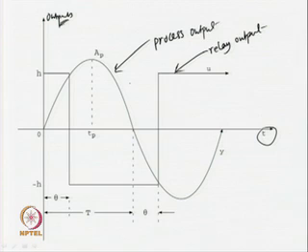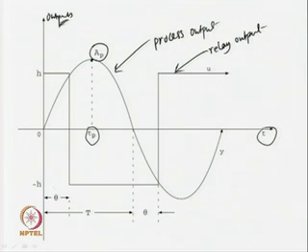The process output has different parameters, the peak amplitude given by the variable A p, which occurs at time t equal to T p, and the relay output is delayed. As you know, the process is subjected to delayed input, so the delayed input or the relay output is given in this form.